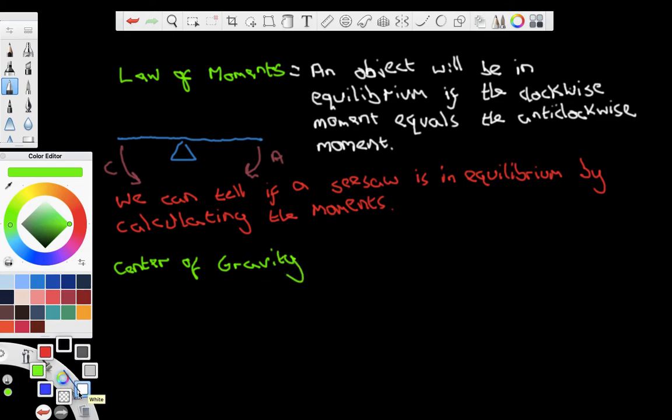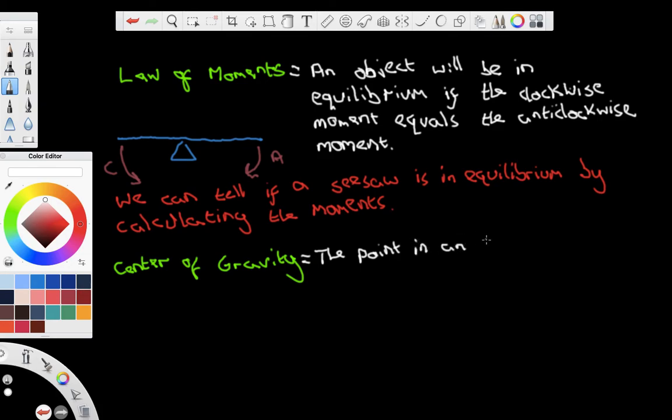The centre of gravity can be defined as the point in an object where the force of gravity seems to act.